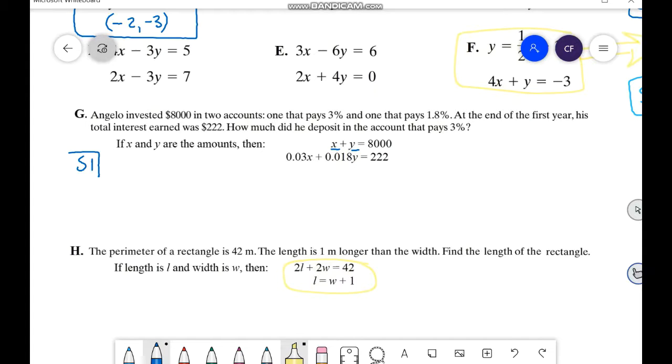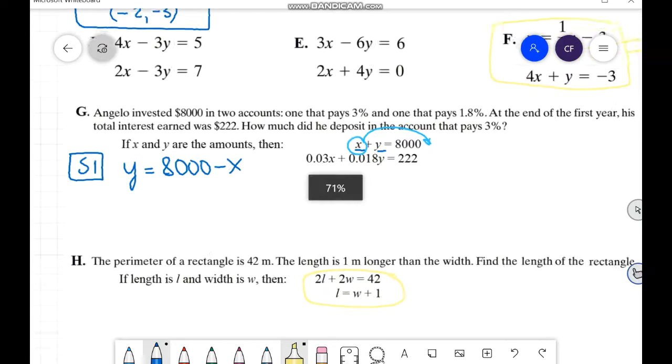Step number 1, isolate one of the variables, and we will isolate Y. I like to isolate Y because we're going to find much faster the result for X. So isolate Y, and then you have Y equals 8,000 minus X. Okay.